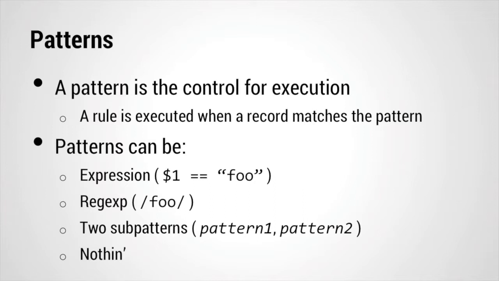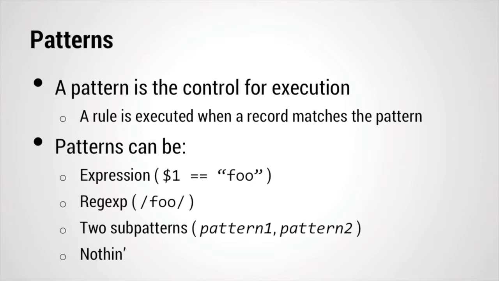Now, a pattern can be an expression, basically a comparison expression. The pattern matches if the expression evaluates to non-zero, if it's a number, or non-null, if it's a string. It can also be a regular expression, which in my own experience has been the primary usage of awk. That's what I've used it for. It can also be two patterns, or subpatterns, that are separated by a comma.